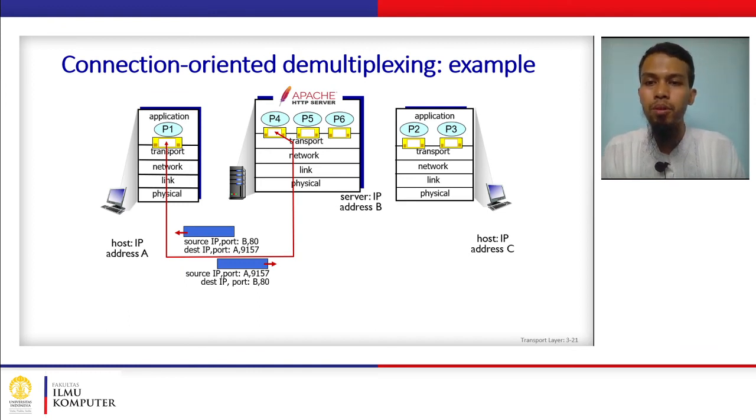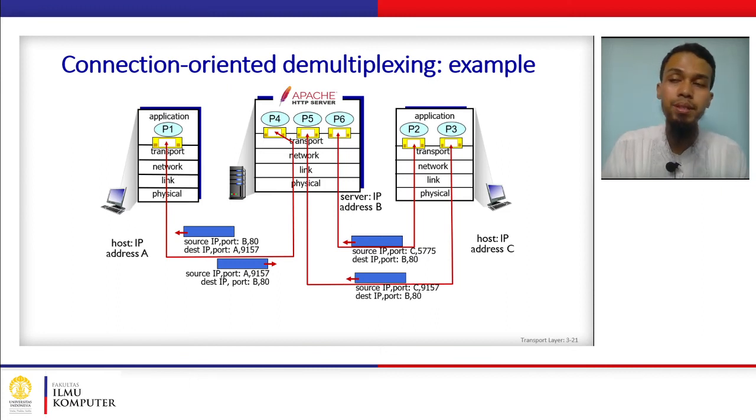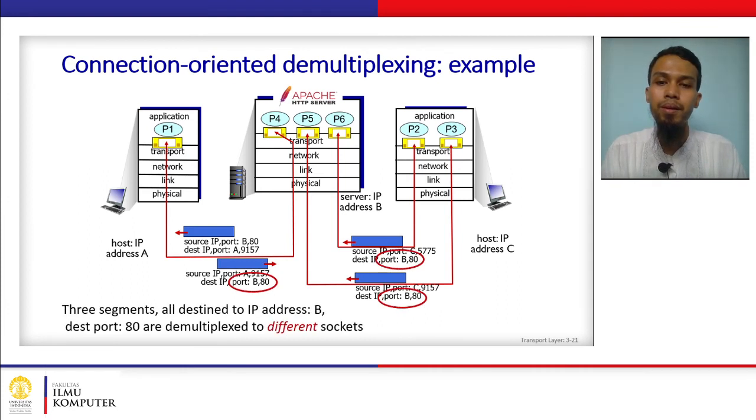So the main point in this connection-oriented demultiplexing, or TCP socket, is that the server has to use a different socket for a different process. Even in this case, host C has the same IP address, but different port numbers.